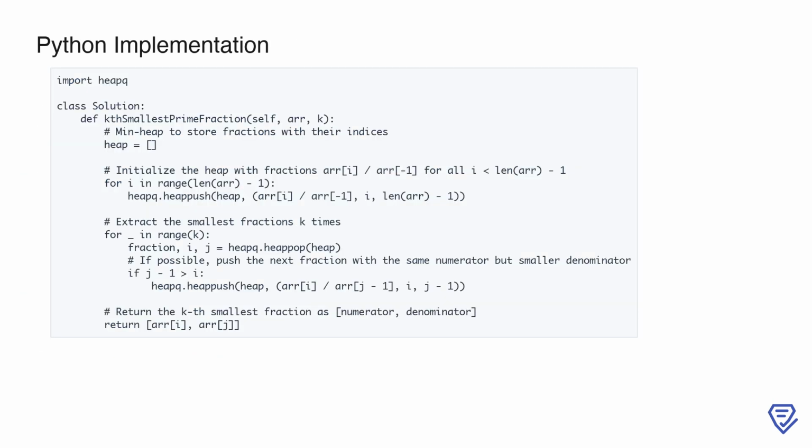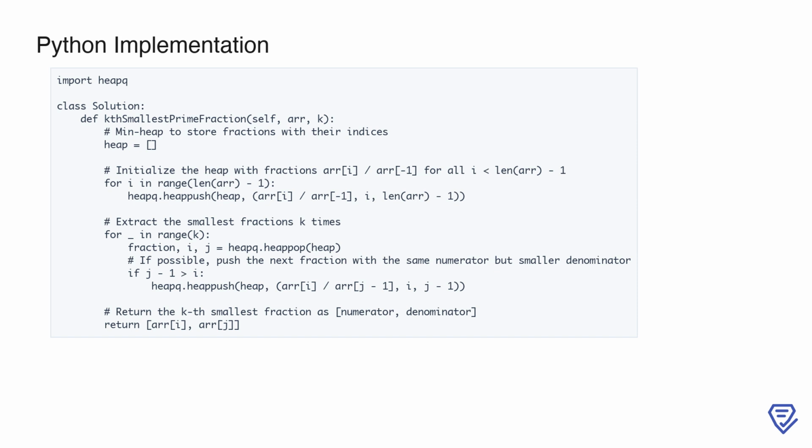This Python solution efficiently determines the kth smallest prime fraction using a min-heap priority queue. Here's how the code works. 1. Initialization. The kth smallest prime fraction function takes a sorted list of unique prime numbers, arr, and an integer k. We aim to find the kth smallest fraction of the form arr[i]/arr[j], where i is less than j. 2. Min-heap setup.